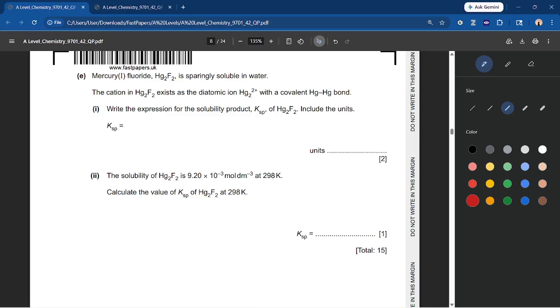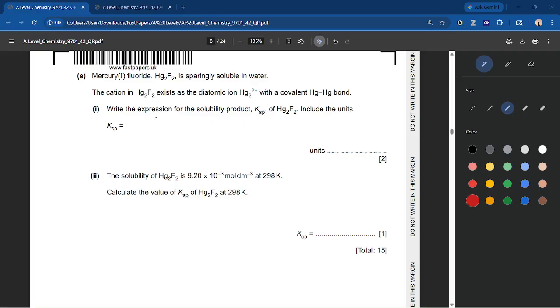Mercury(I) fluoride is sparingly soluble in water. The cation exists as a diatomic ion, Hg2 2+, with a covalent mercury-mercury bond. Write the expression for the solubility product Ksp of Hg2F2, include the units.